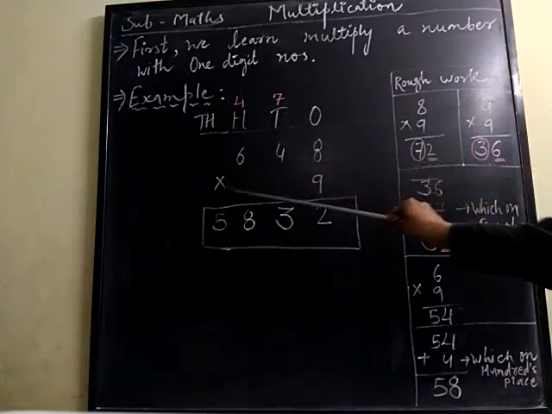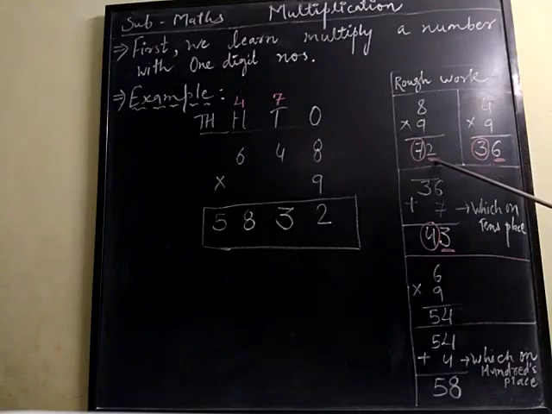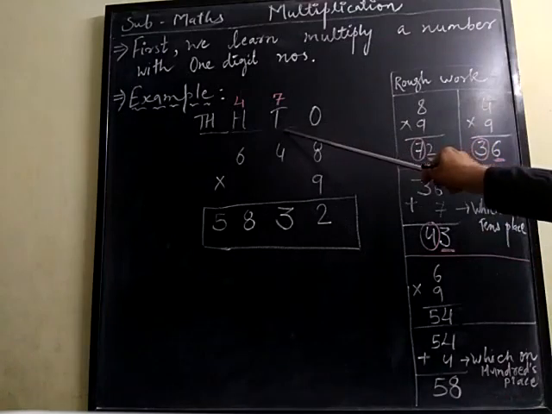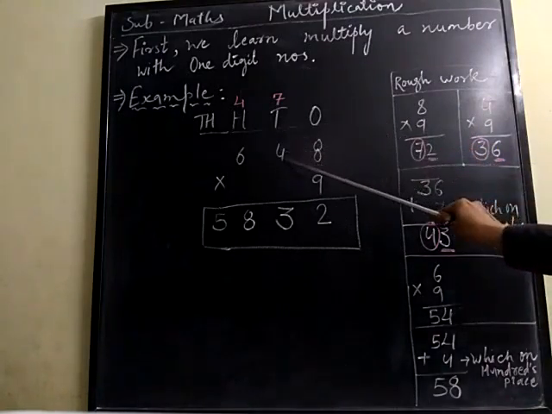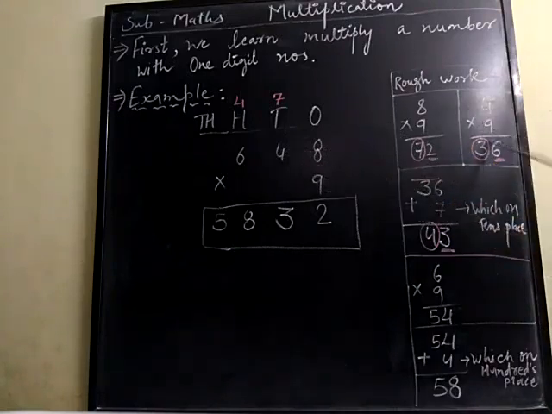8 multiply 9. 8 nines are 72. So we write here 2 under the ones place and carry 7 on the tens place. Understood? After that we multiply 4 with 9. 4 nines are 36.